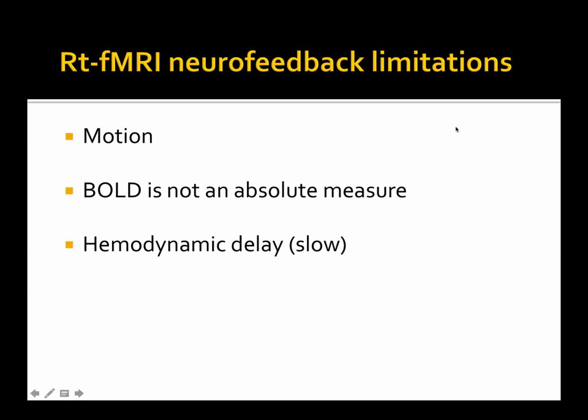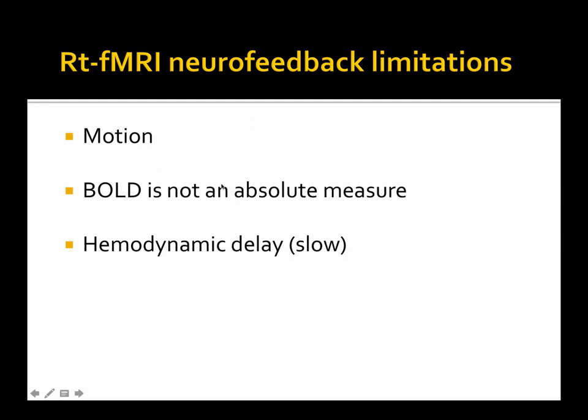With fMRI, the limitations are slightly different. We extract the data from some brain areas. When we have the electrodes on the head, the subject moves and the electrode moves with the head. When the subject moves in the scanner, the voxel stays in the same place, and the head is in a different one. So this is one of the problems that we have.